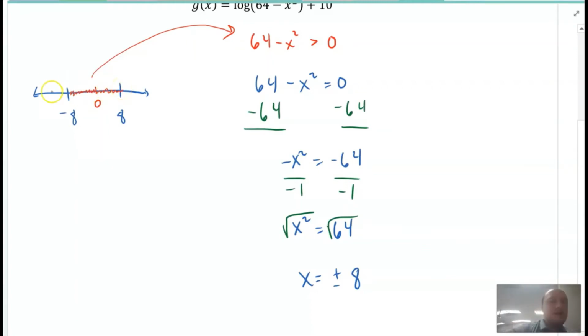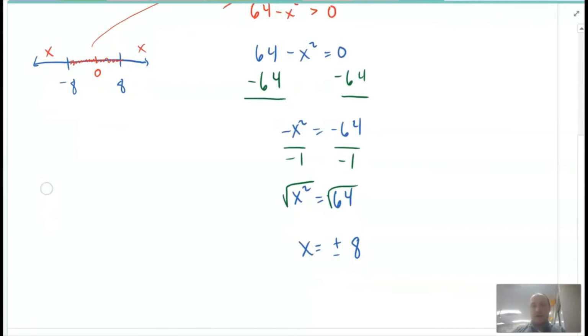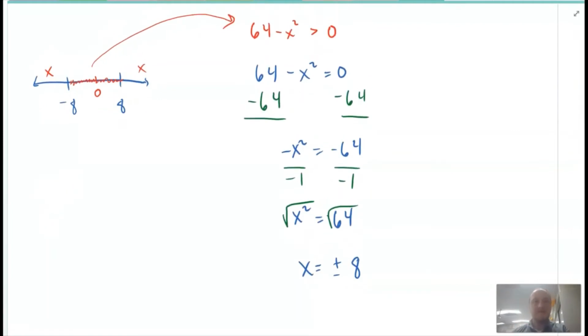On the outside, if I plugged in any values out here, I would get a non-true statement. Those are negative argument values, right, where our function's not defined. So we have to go ahead and define this as our domain. So in set notation, our domain is the x values such that x lives between -8 and 8.